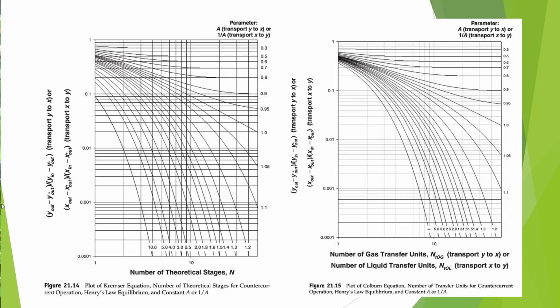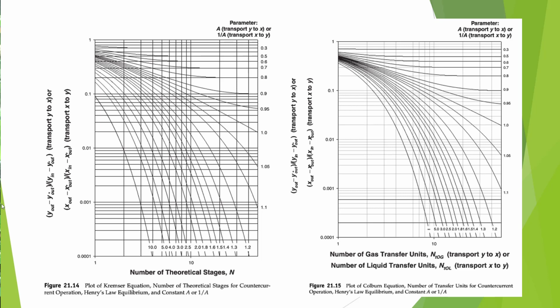Now, in the book, they plot these, and the advantage of looking at graphs is not so much that you're going to want to read answers off of a graph, because after all, we can calculate these things, but you see trends when you look at graphs.